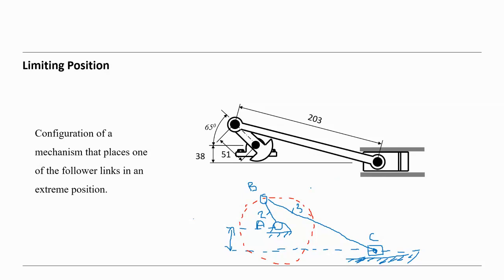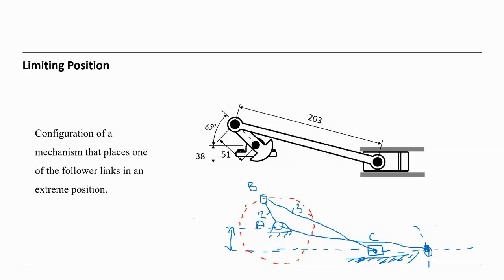If we take our compass and open it with the distance AB plus BC, then we can make a circle here, somewhere like this. And then you will see this will be the distance from here to this point, and this will be here somewhere.